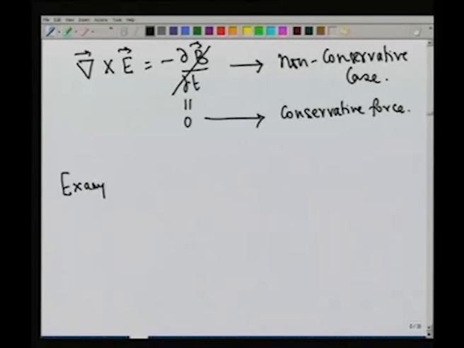So let me consider the first of the examples, namely the simplest of the examples, that is a single charge Q. Let us ask ourselves, what is the potential produced by a single charge Q?